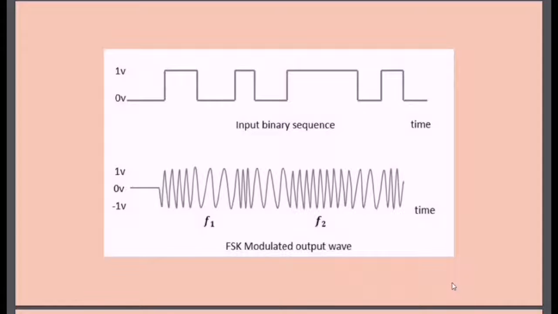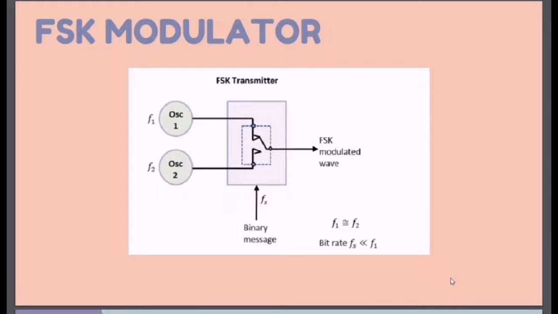To find the process of obtaining this FSK modulated wave, let's know about the working of the FSK modulator. The FSK modulator block diagram comprises two oscillators with a clock and the input binary sequence. Following is the block diagram.